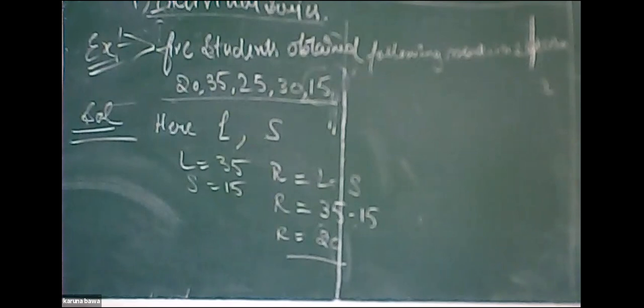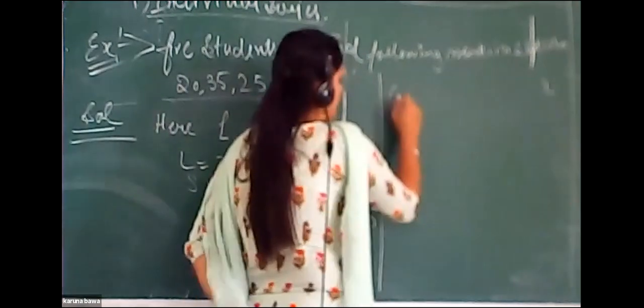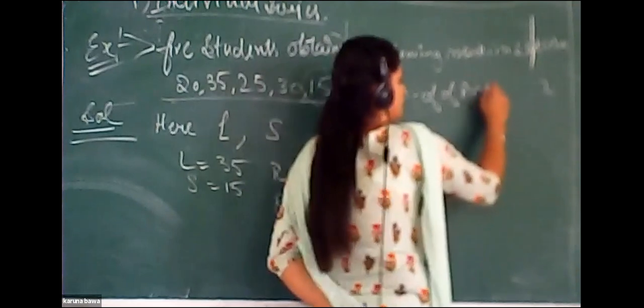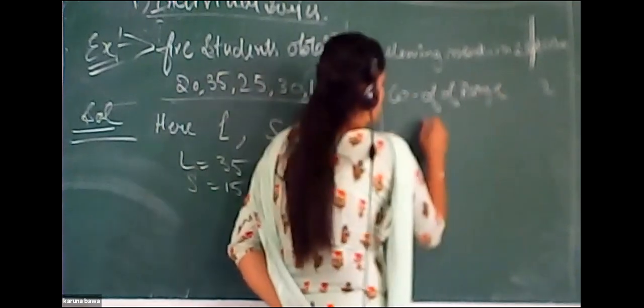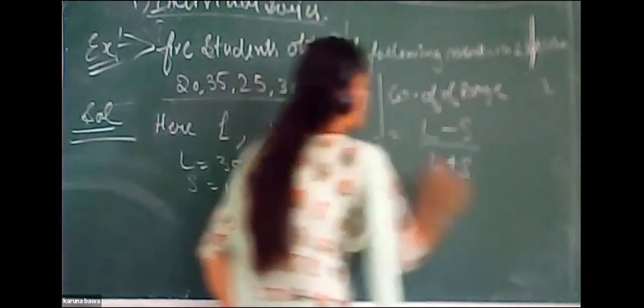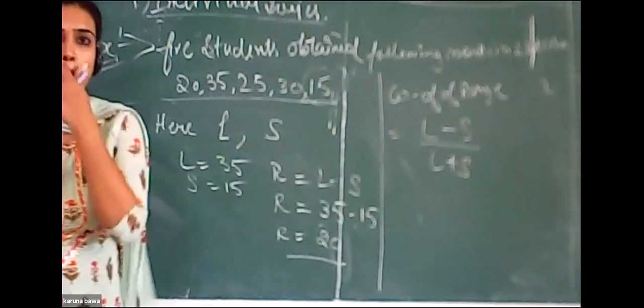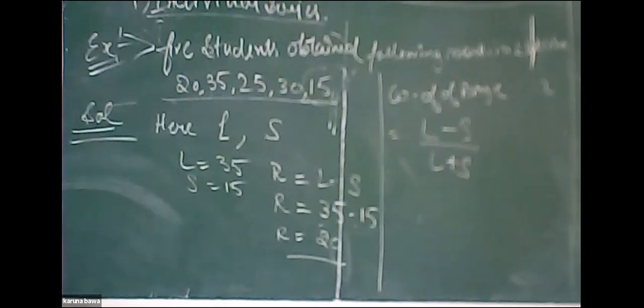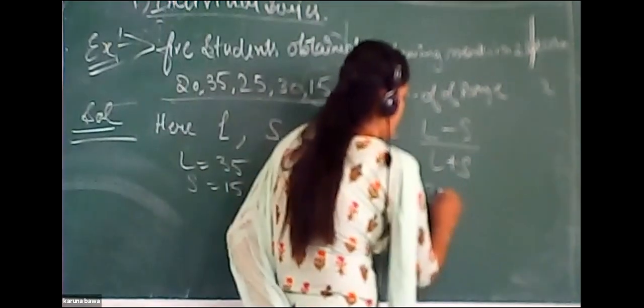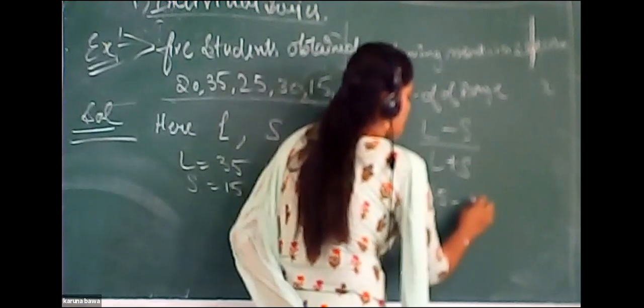So now find out the coefficient of range. The formula is L minus S divided by L plus S. This is the formula of the coefficient of range. The largest value is 35 and the smallest value is 15.